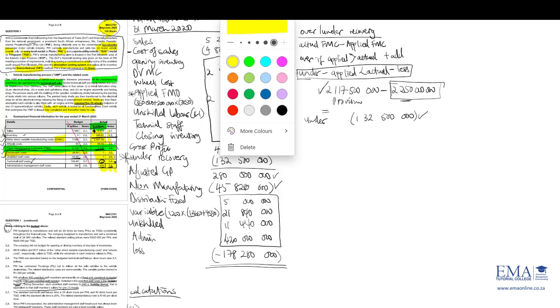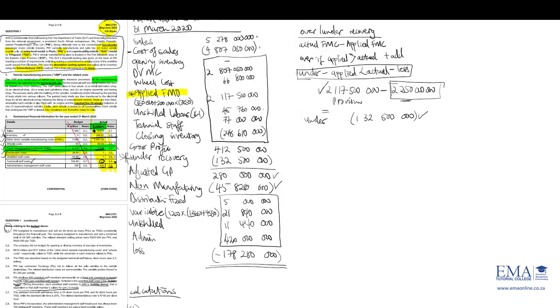Our next short clip video is going to cover applied and also under and over recovery, how to work out these amounts. But otherwise, this is what you are required to do if you are given an actual statement.